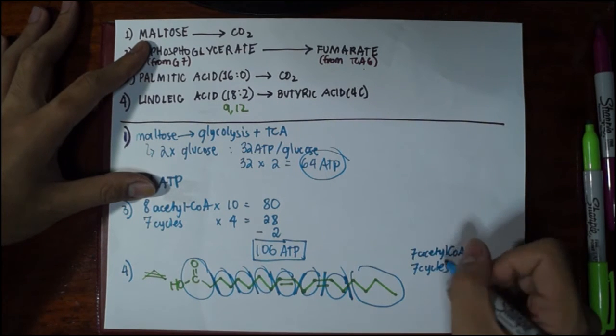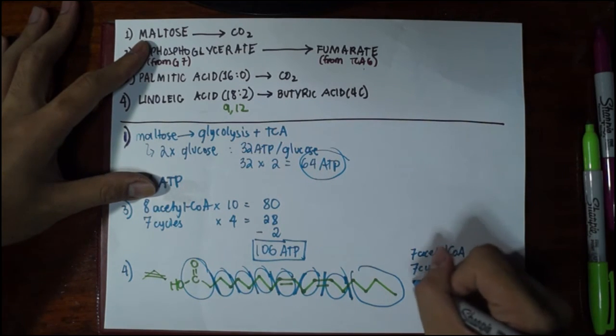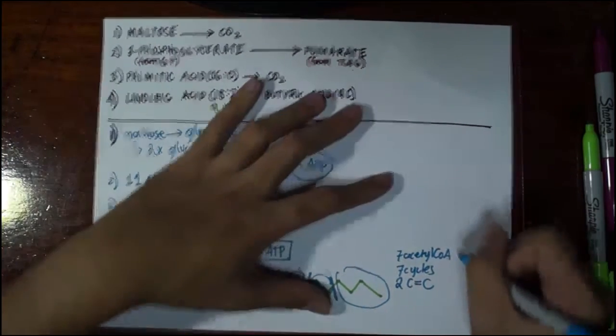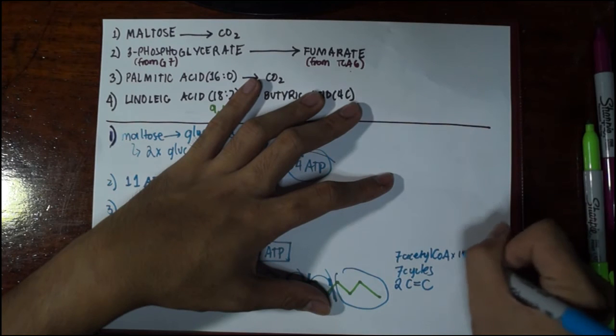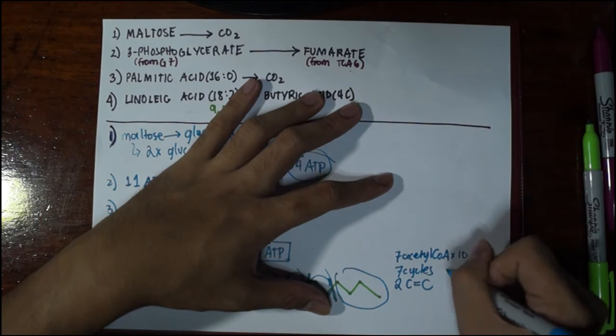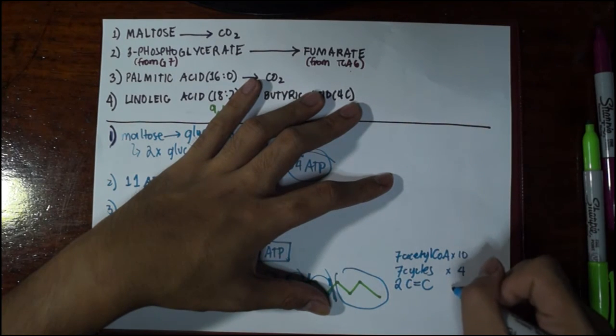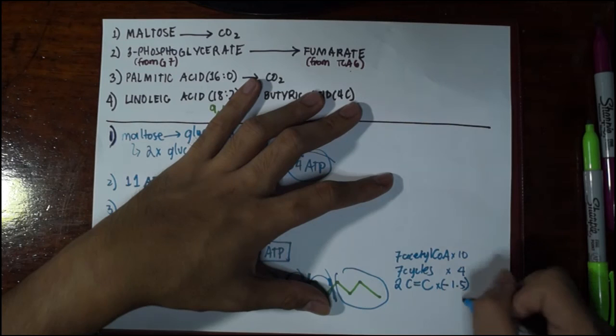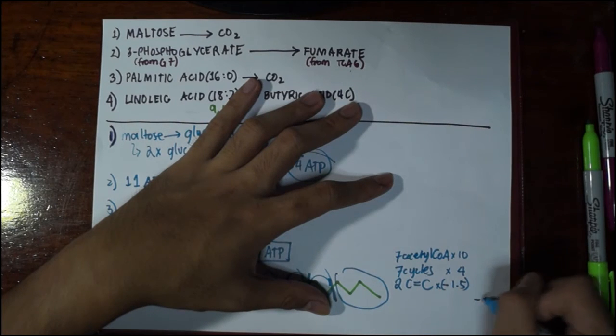And then how many double bonds do we have? 2 double bonds. Again, 10 for each acetyl coenzyme A, 4 for each cycle, minus 1.5 for each double bond, and then minus 2 for the pre-beta oxidation.